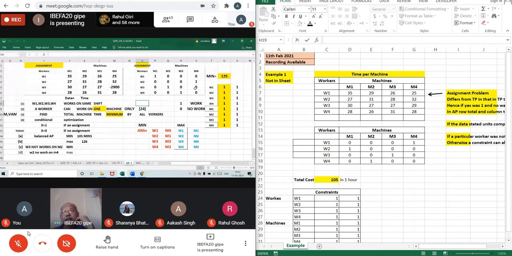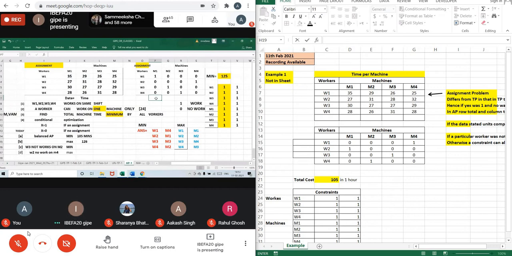No. So what we had was a repetition of the transportation problem only, but here we have assignments rather than allocations.